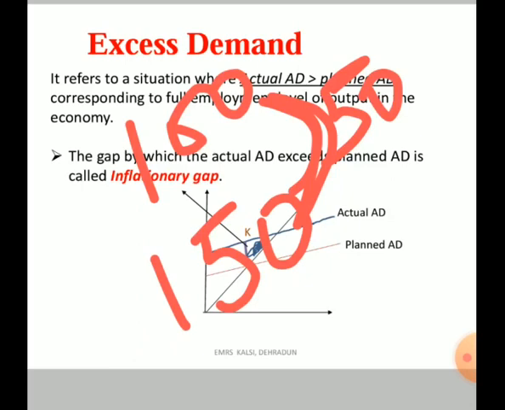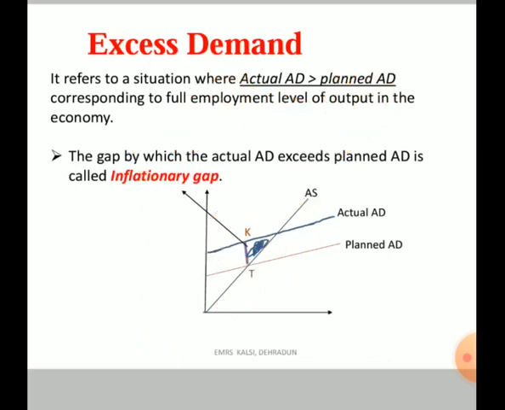The difference is only in the words we use to define these two terms. The basic meaning is the same. The gap by which actual demand exceeds the planned demand is called the inflationary gap.